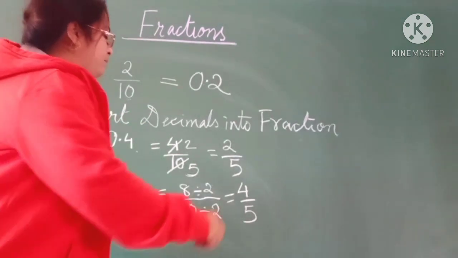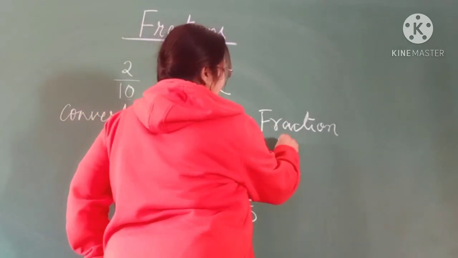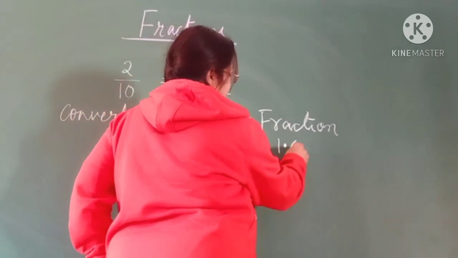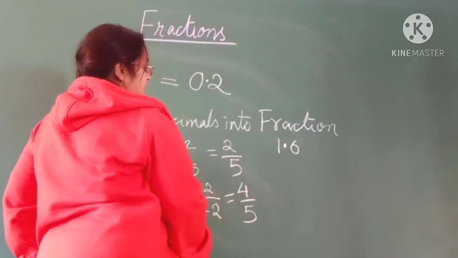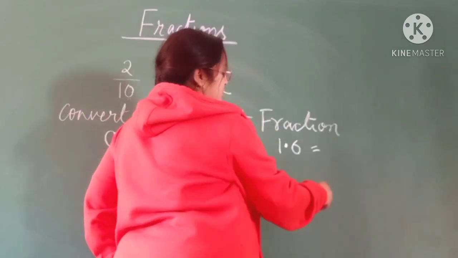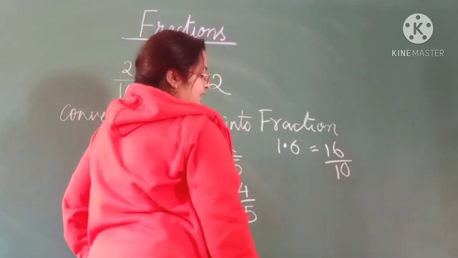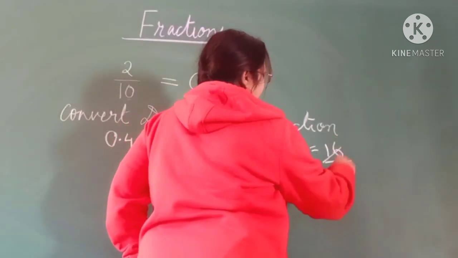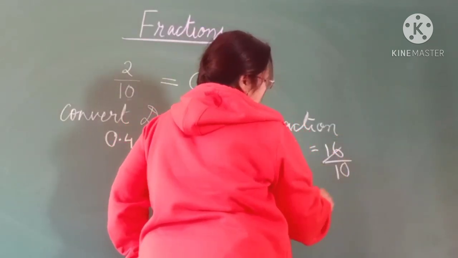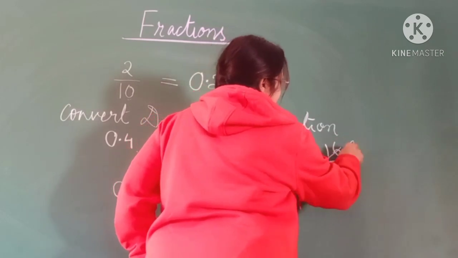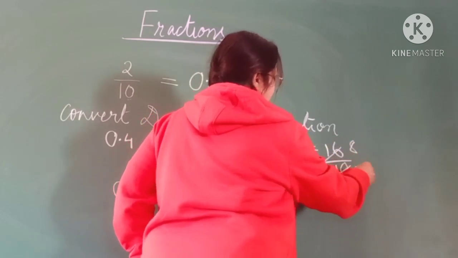We can take a bigger example, say 1.6. So what is the meaning of 1.6? 1.6 means 16 by 10. Again, let's cut it by 2, since it is not divisible by 4. 2 8s are 16, 2 5s are 10.